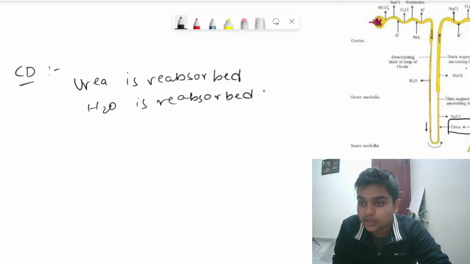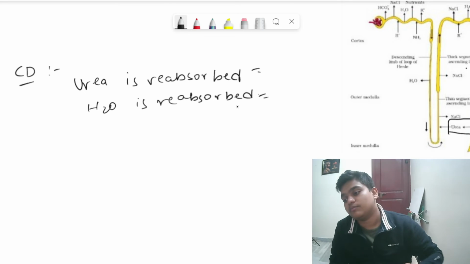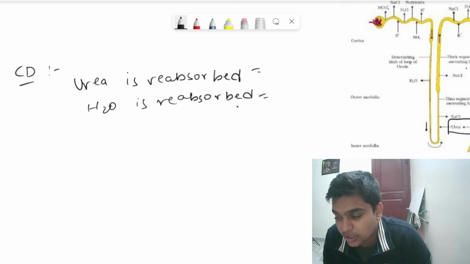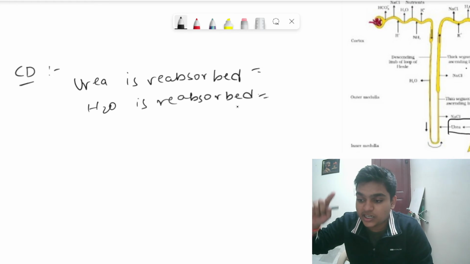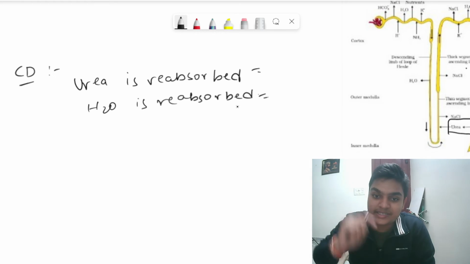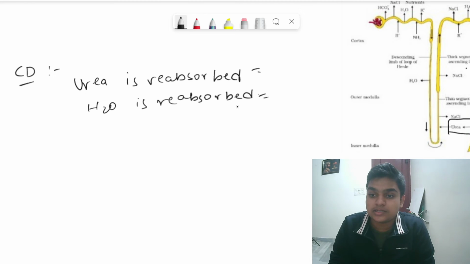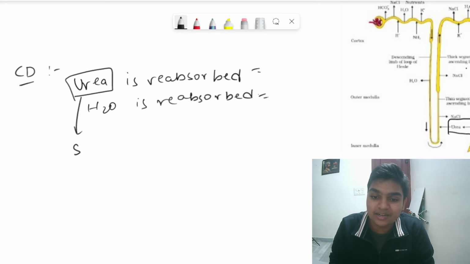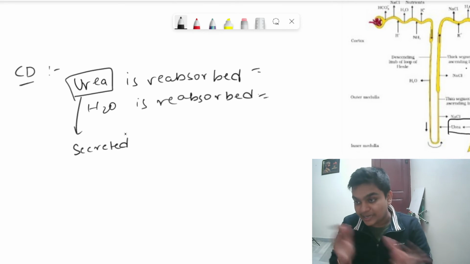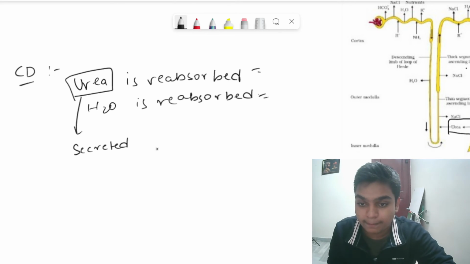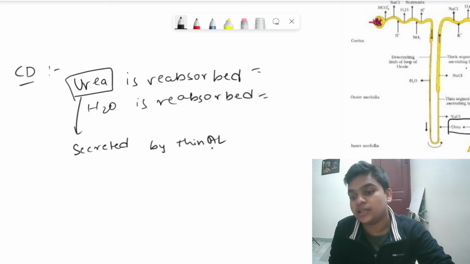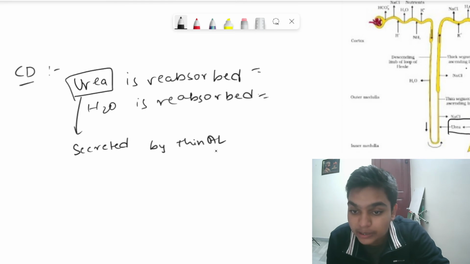Urea and water are being reabsorbed here. Now the interesting thing is, the urea which is reabsorbed by the CD is secreted into the urine by the thin ascending limb of loop of Henle.